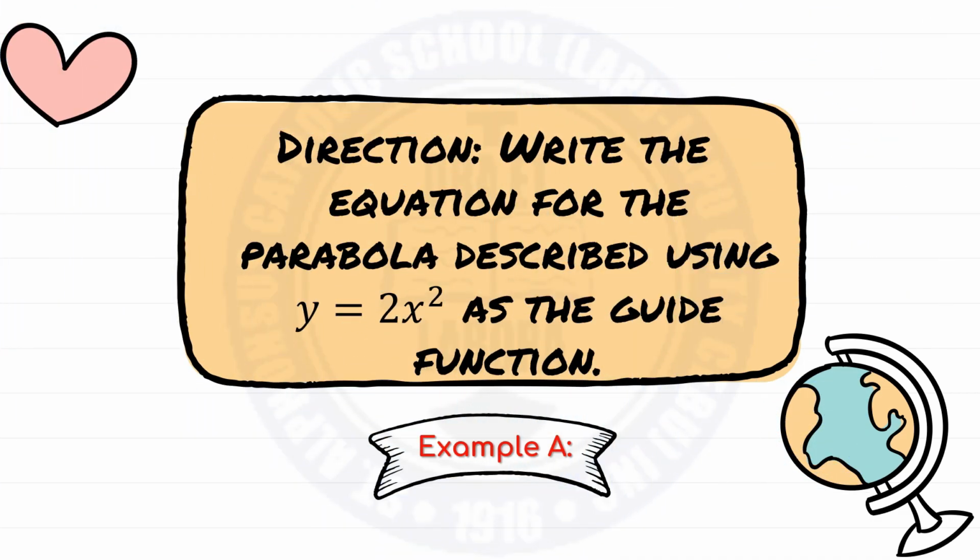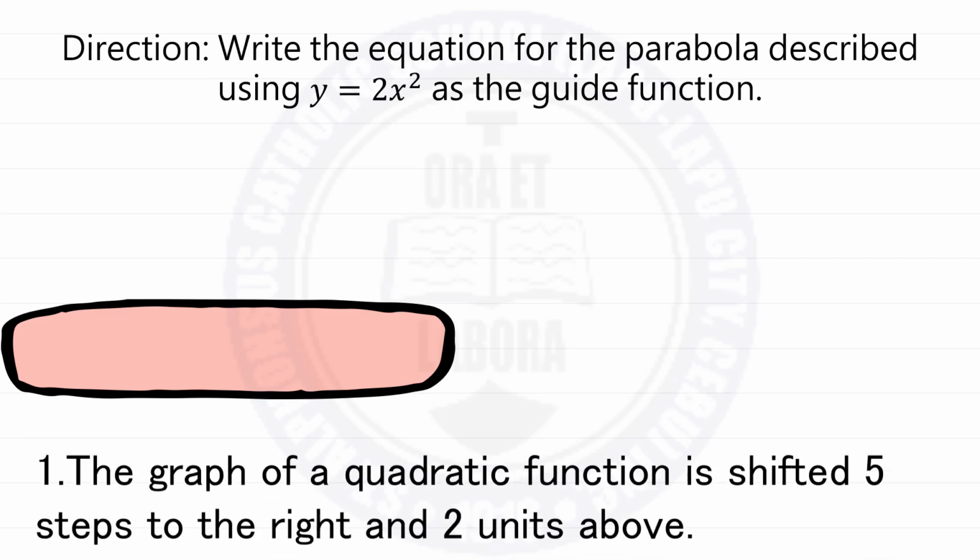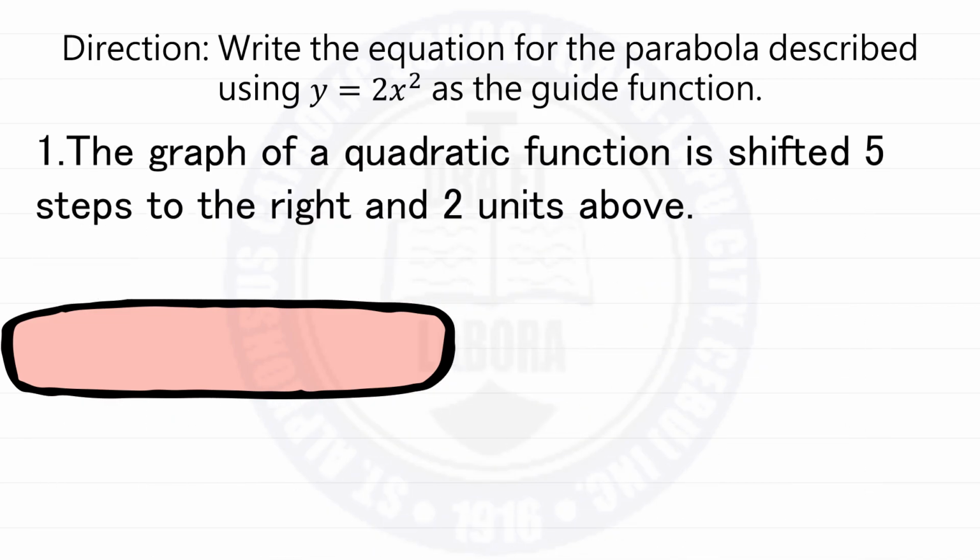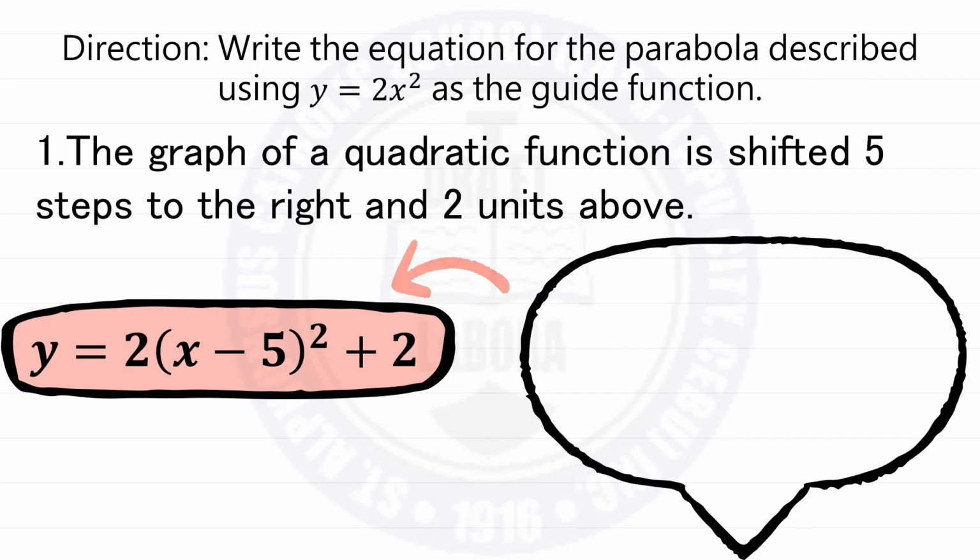Example A. Write the equation for the parabola described, using y equals 2x squared as the guide function. Number 1. The graph of the quadratic function is shifted 5 steps to the right and 2 units above. The equation of the parabola is y equals 2 times quantity x minus 5 squared plus 2.